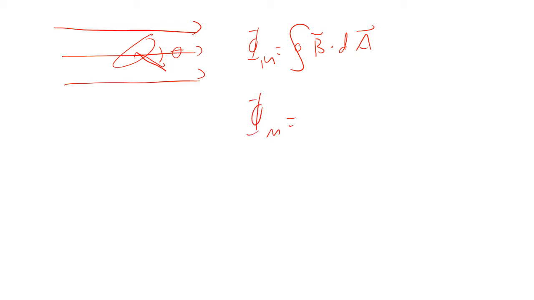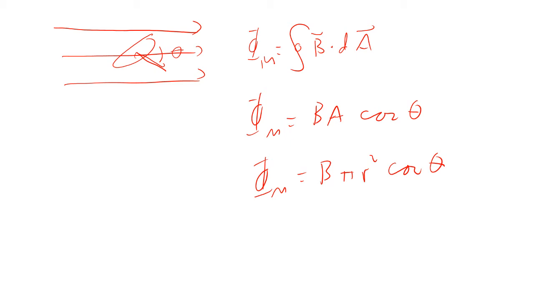So this is going to be B times A times the cosine of the angle that's between the perpendicular to the area and the magnetic field. So that would give you B pi r squared times cosine theta. So this gives rise to the idea of magnetic flux.